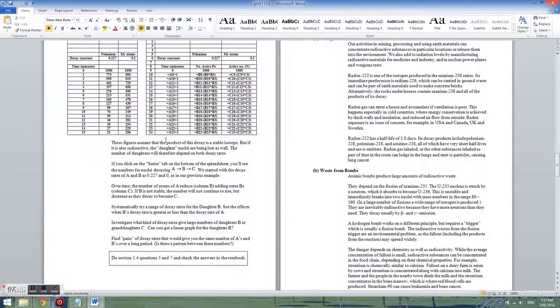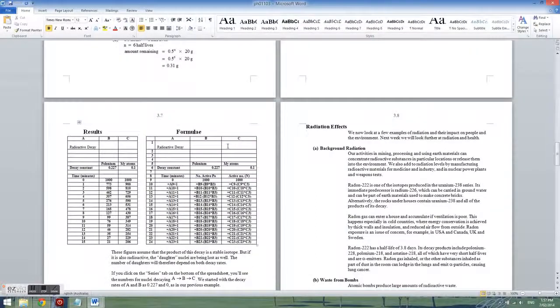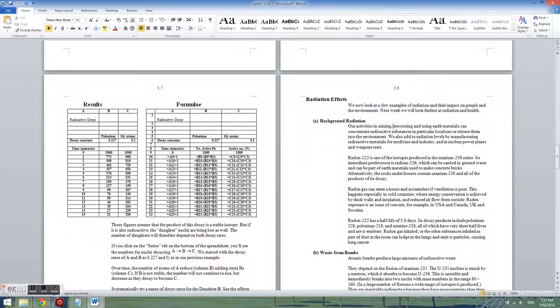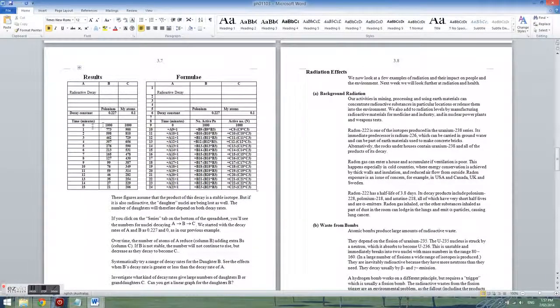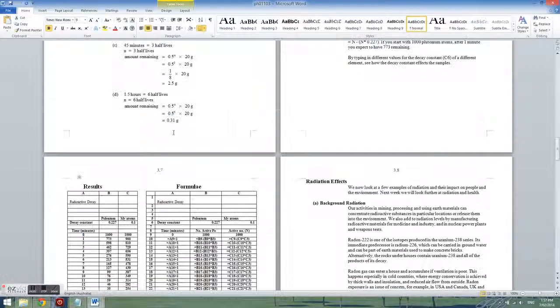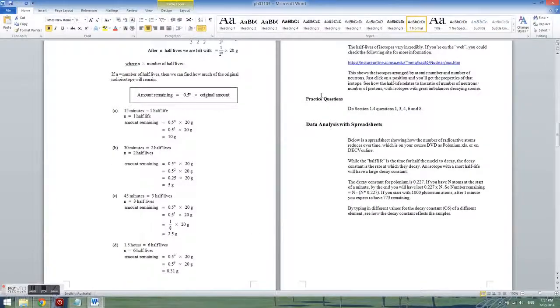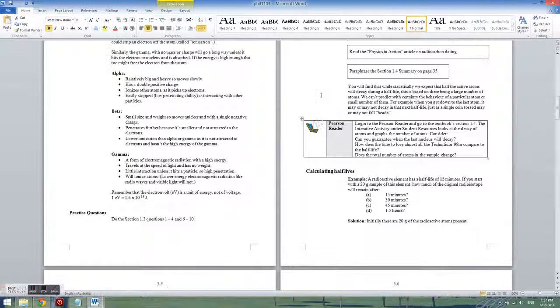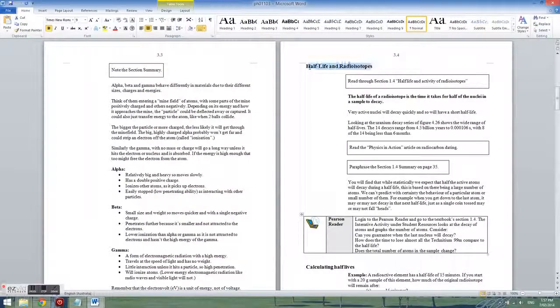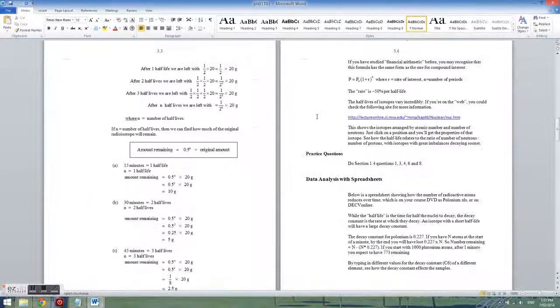If this looks confusing, don't just leave it. You will understand it after you watch the videos on the half-life decay and the calculations.